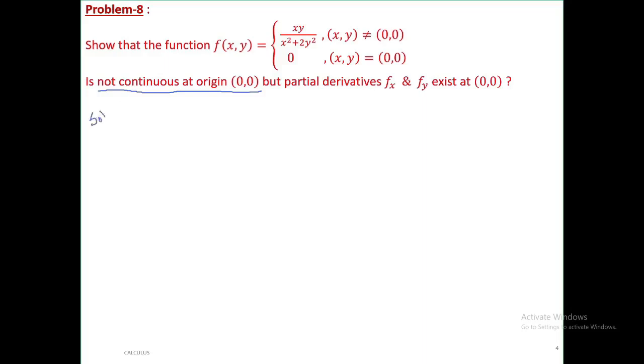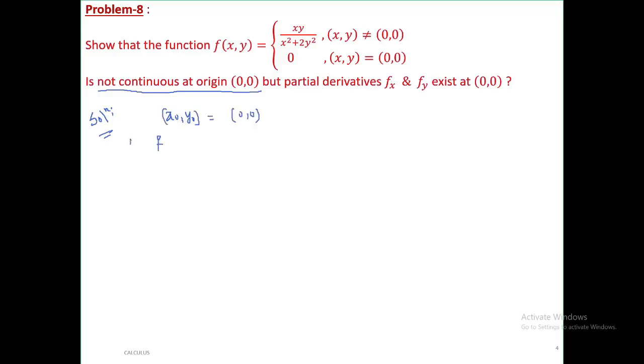So now let us prove that first. What I need to prove? It is not continuous at origin. So what to do again? By using the continuity definition. First, what is x naught y naught? So x naught y naught is 0 comma 0. And what is f of x naught y naught?